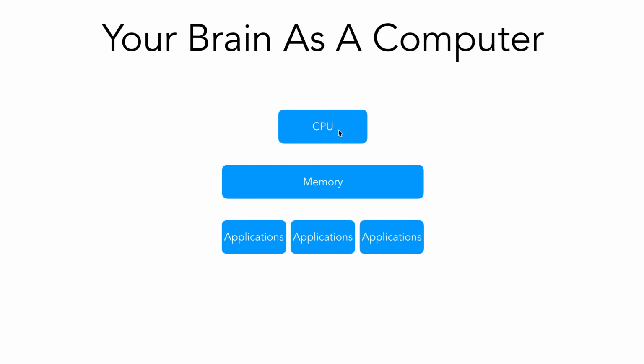Now, every computer has a certain amount of memory, and that memory can hold and store different information that the central processing unit can use and process. And you can tell I'm not a computer science person, but the analogy will work.